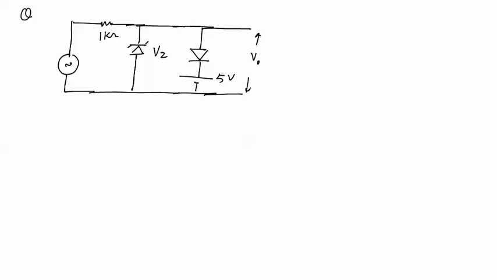Here is the output voltage V0 and this is the input voltage Vi. Now for this circuit, the Zener diode has a breakdown voltage equal to Vz.